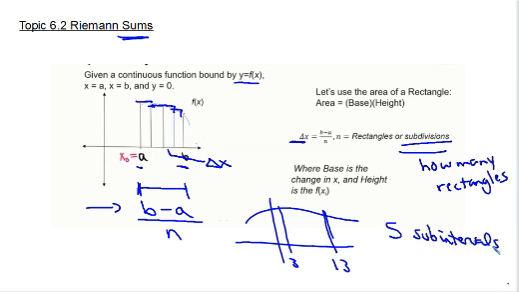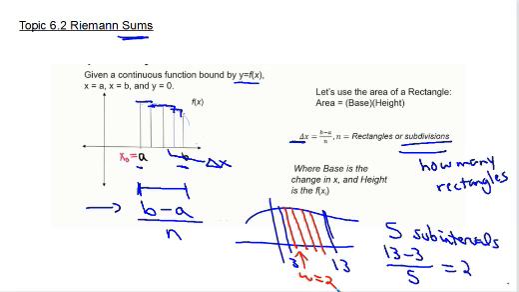I can find the width of each rectangle by doing 13 minus 3 and dividing it by 5. So that's 10 divided by 5, which is 2. So I know that each of those rectangles in here, each rectangle, 1, 2, 3, 4, 5, would have a width of 2.